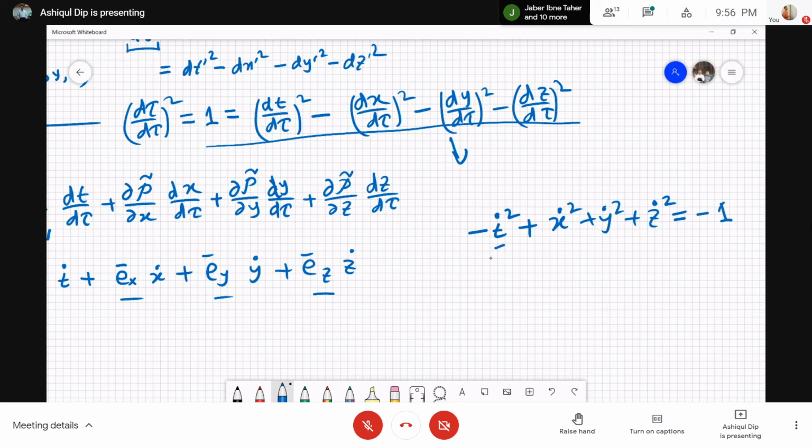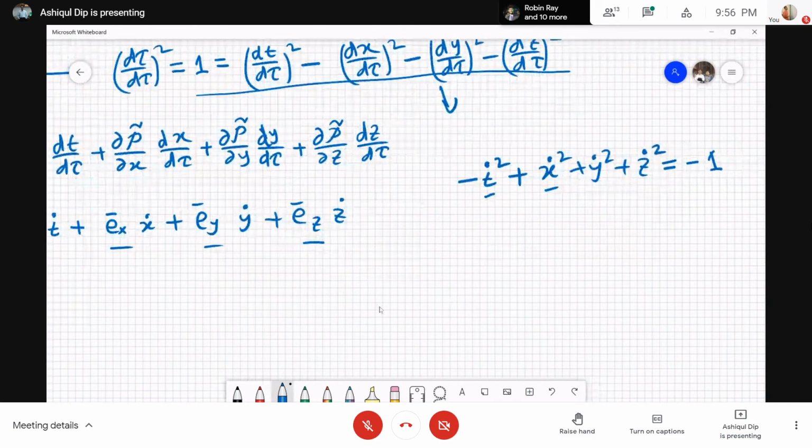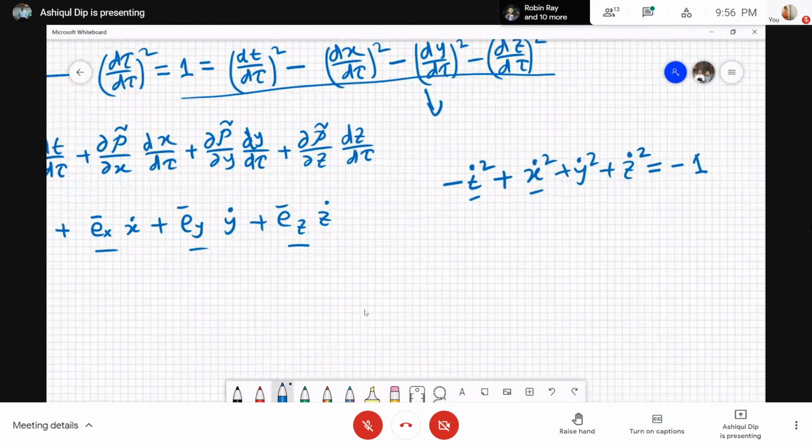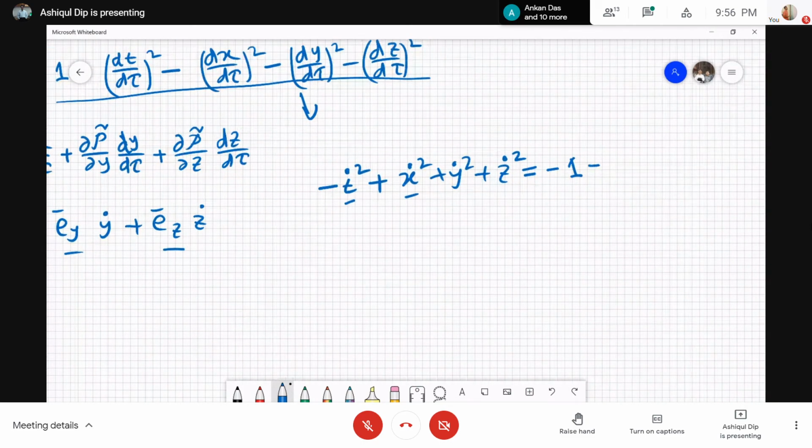And these are the velocity components, aren't they? Okay. So this is the object that should remain under any transformation, right? So basically what we want to have is a dot product between the vectors. So we want like this.